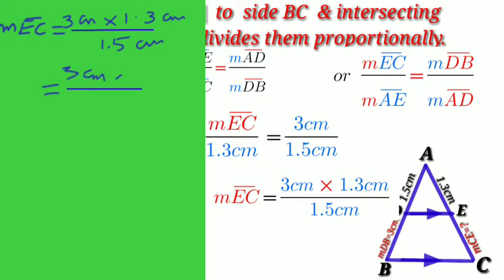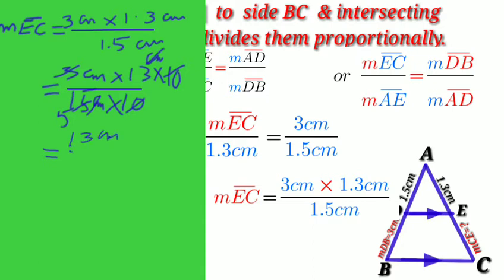On writing the decimal form into fraction form, 1.3 is equal to 13 by 10 and 1.5 is equal to 15 by 10. The value of side EC is equal to 13 by 5 centimeter.